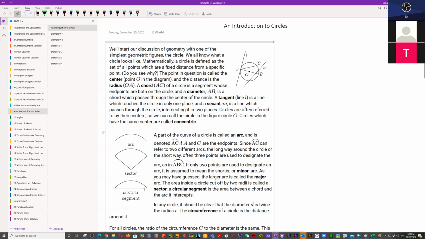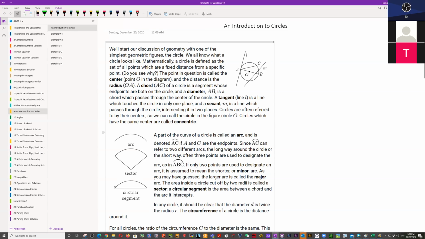And then we have another shape called a circular segment. It's very easy to distinguish a sector versus a segment, because a circular segment is made up of an arc plus a line segment.